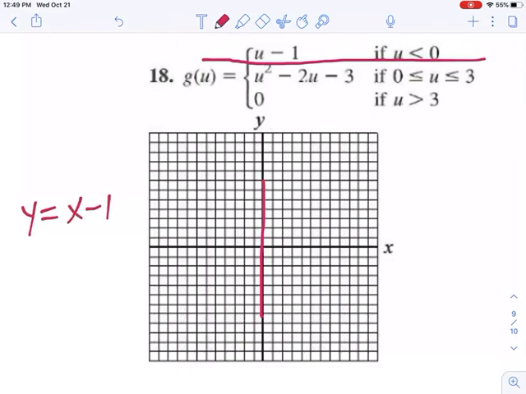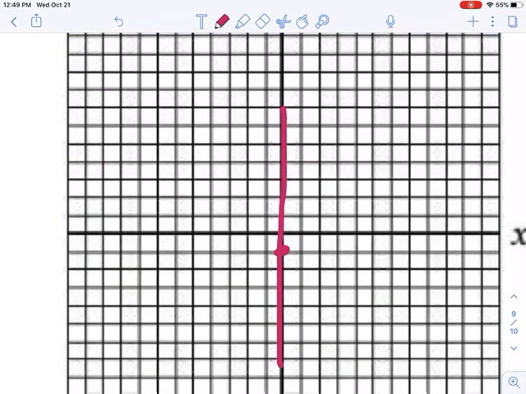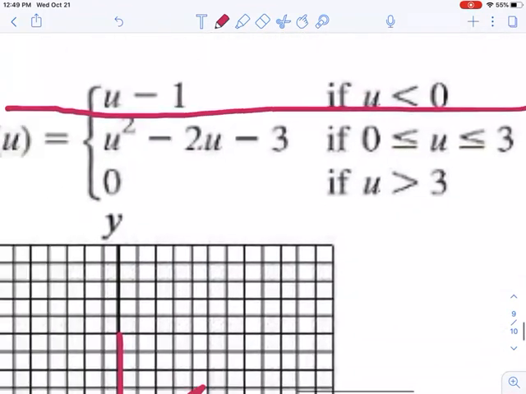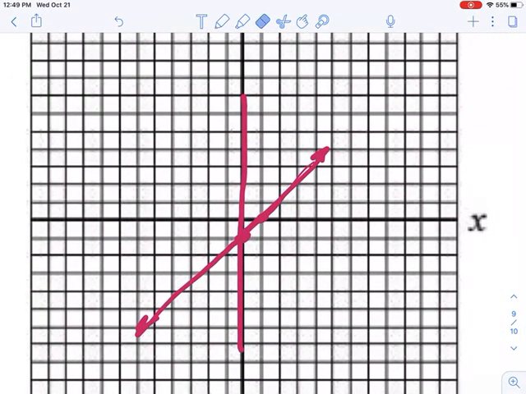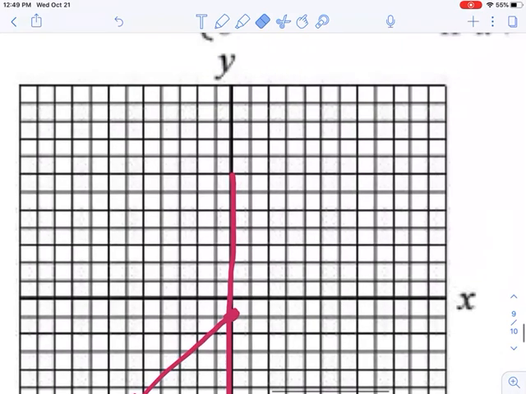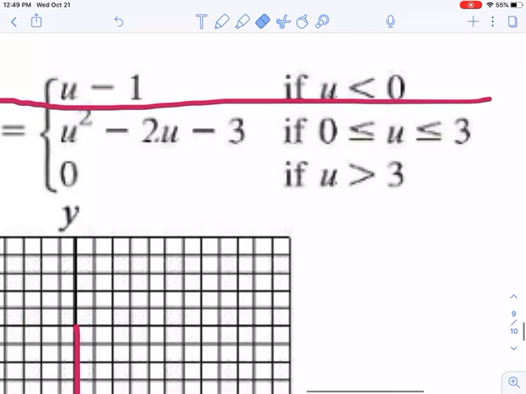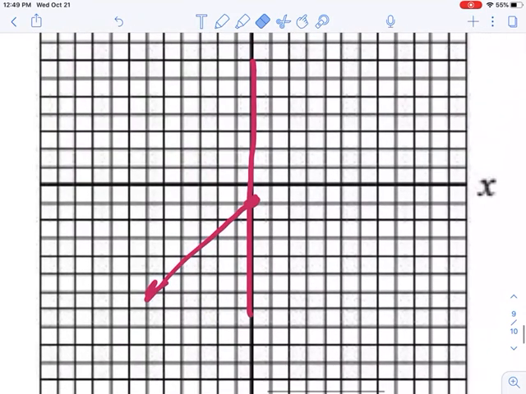Y equals, and if you want to change it to x minus 1, you can. It has a y-intercept of negative 1 and a slope of 1, up 1 over 1. And then we would draw that in like that. And our domain restricts us to less than 0. And then we get the eraser out and get rid of that part. And then keep that. So that's the keeper for this part, other than we would have an open circle here.